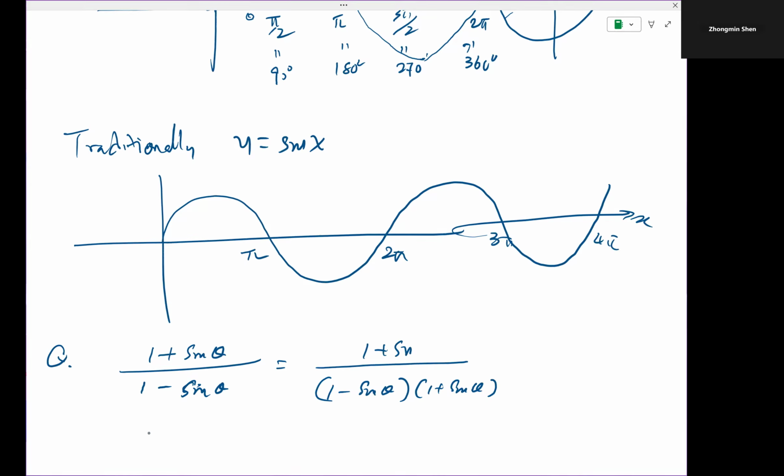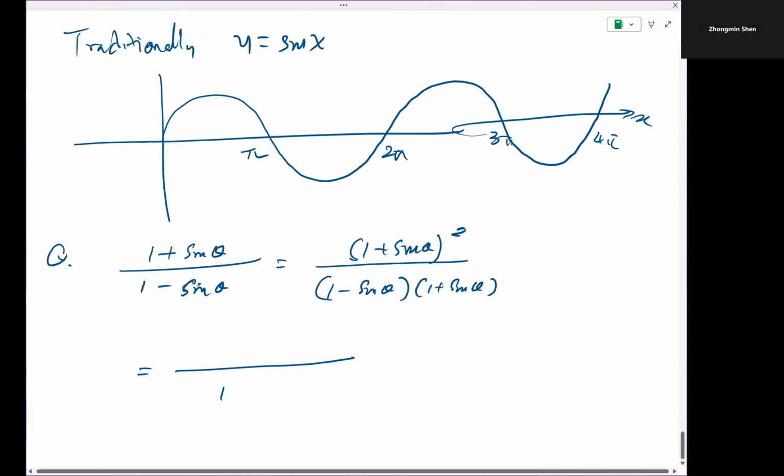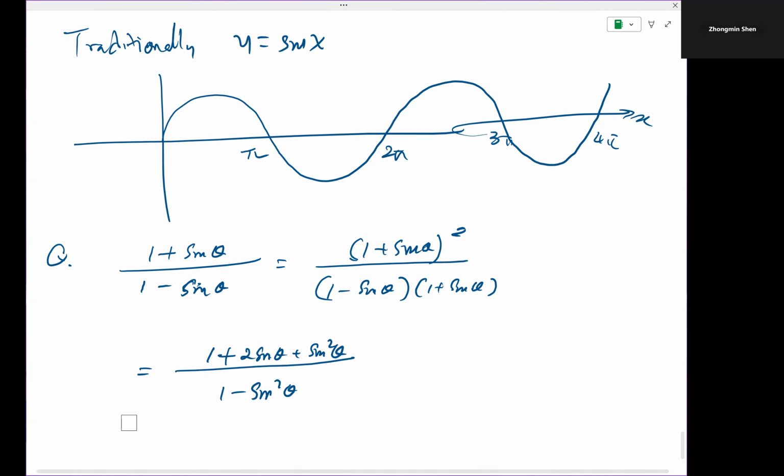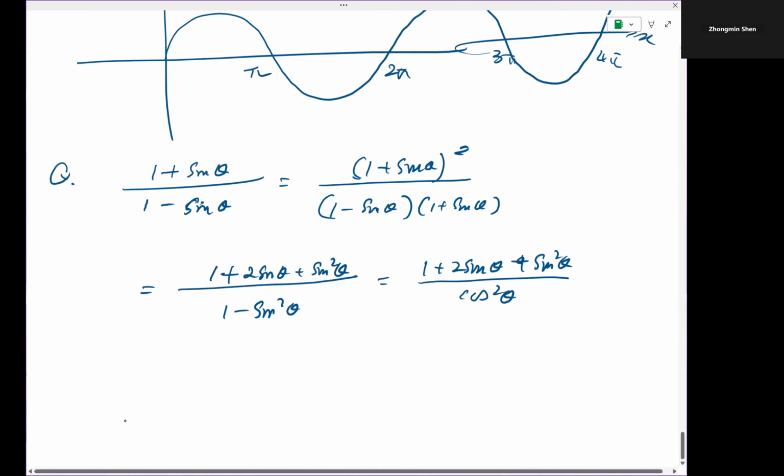Then the denominator will be 1 minus sine square theta, and the numerator is 1 plus 2 sine theta plus sine square theta. The denominator will be cosine square theta, and then you continue.